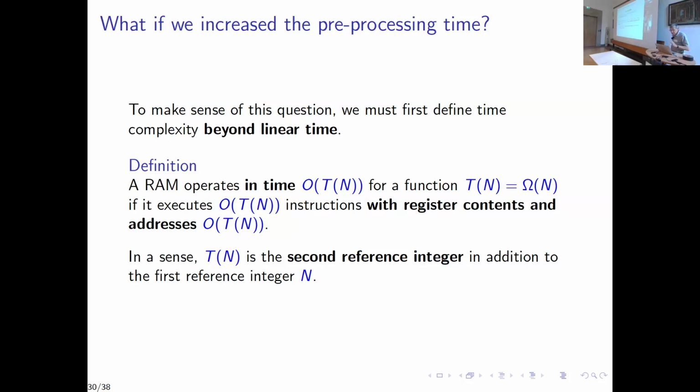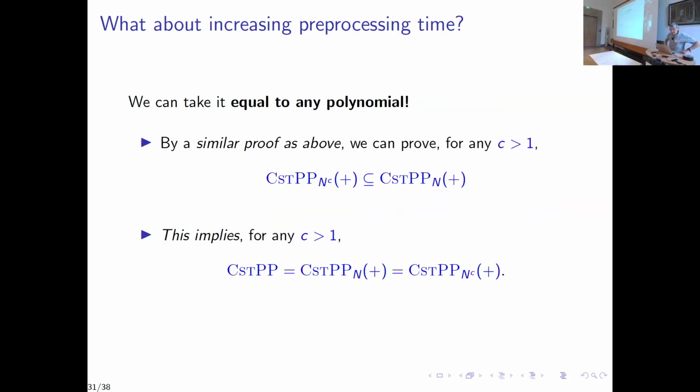So in the sense, T(n) is the second reference integer in addition to the first reference integer n. What about increasing preprocessing time? Using only addition, you can reduce. It's easier, in fact, n^c to n.